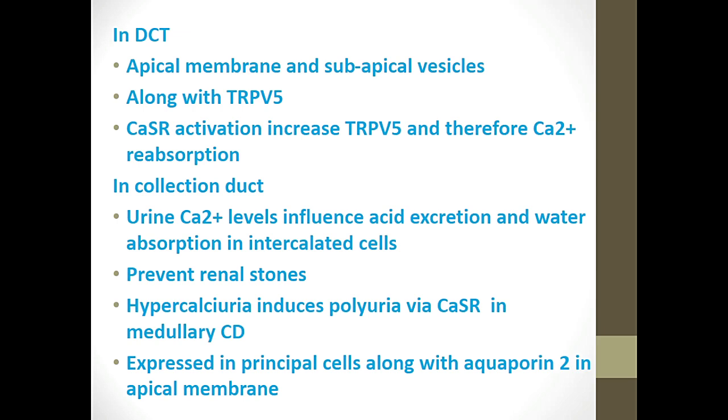After that, next comes the collecting duct, that is going to collect the urine from the nephron. So in the collecting duct, what is going to happen? Urine calcium ion levels are influenced in the collecting duct, where calcium level influences acid excretion and water absorption in the intercalated cell.